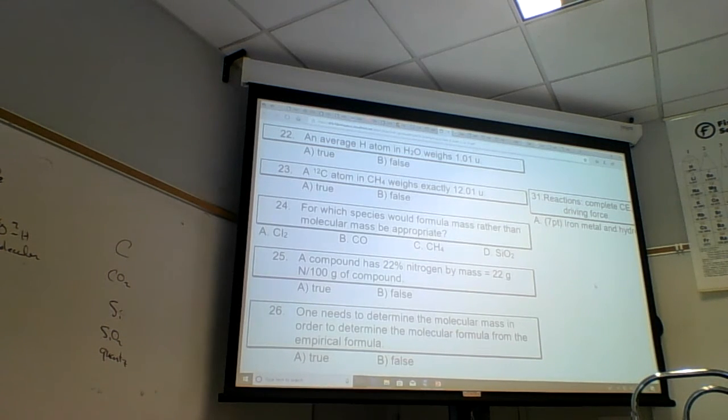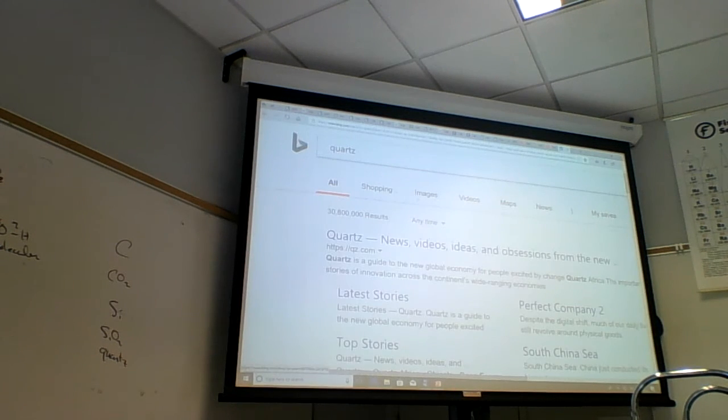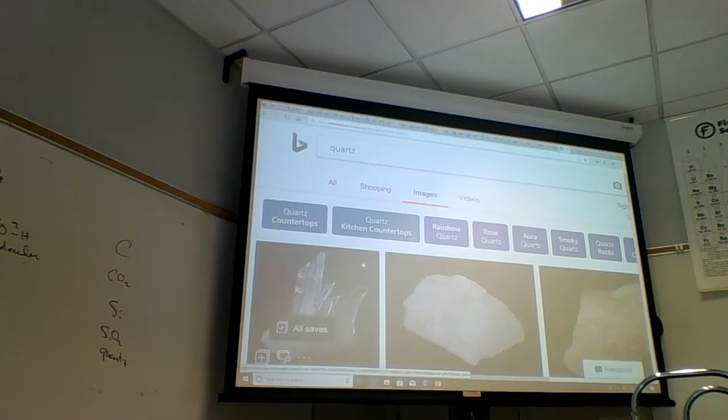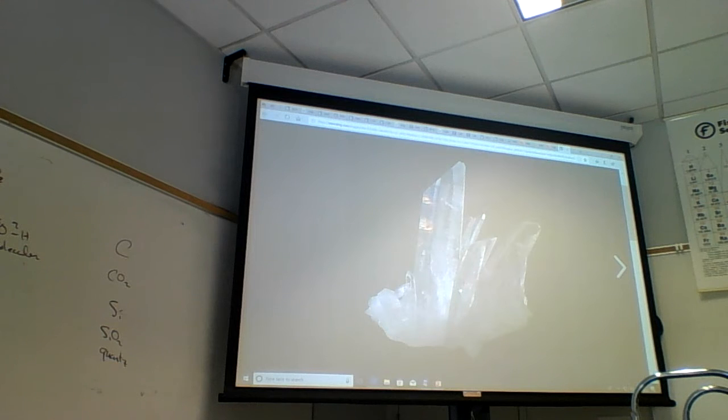And quartz has a very different structure. You know, frozen chlorine is a mush. Frozen carbon monoxide is kind of a mush, and frozen methane is kind of a mush. But quartz is not. Look at a quartz crystal. Quartz crystal is very strong.